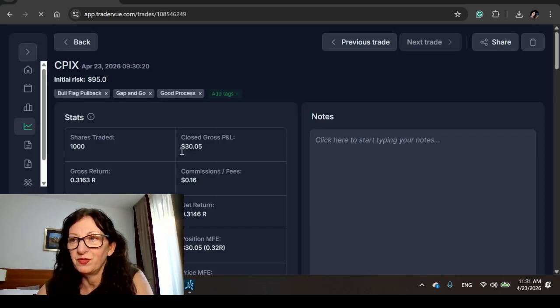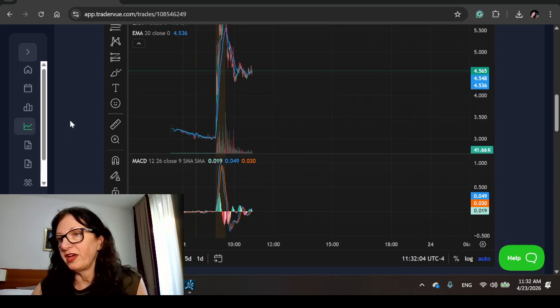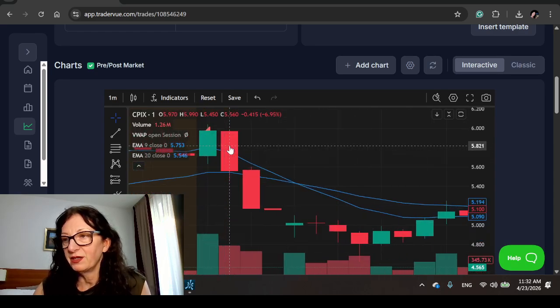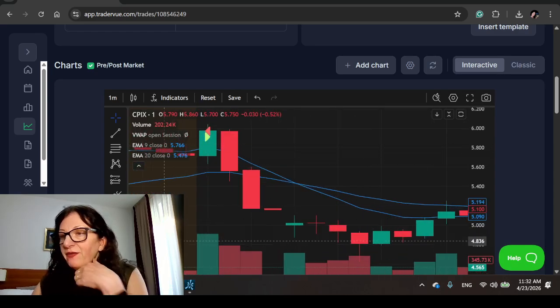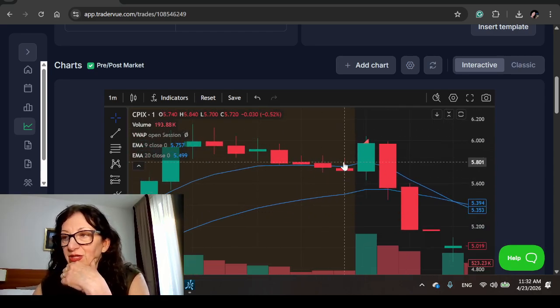I will show you this trade. And I know multiple people that lost money on CPIX today. However, this was a long pullback, and I was looking for a breakout over this candle with a stop here at the low of this candle.